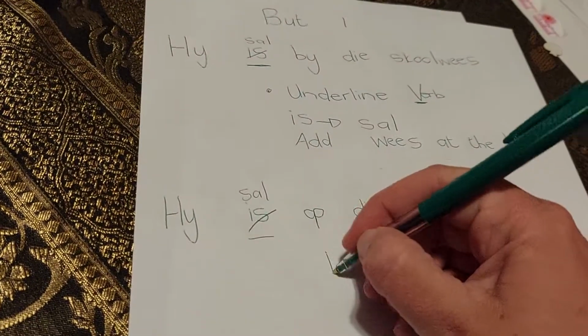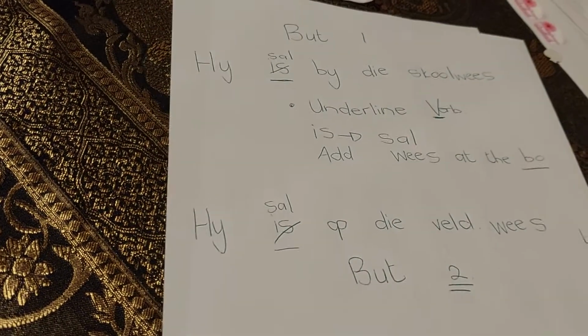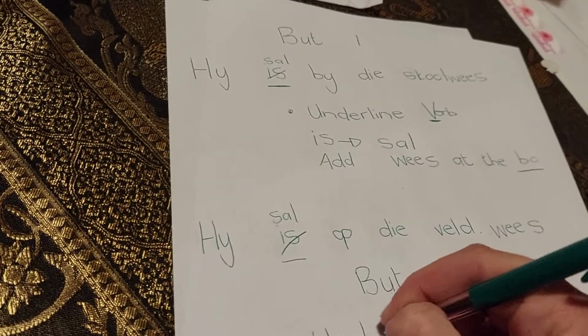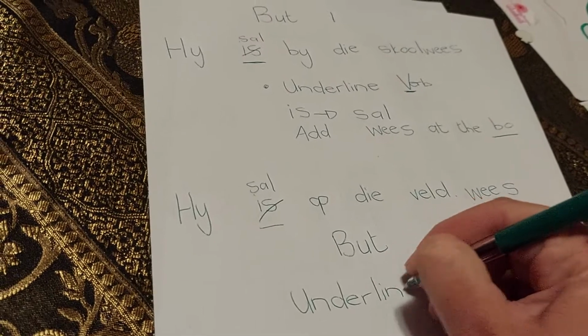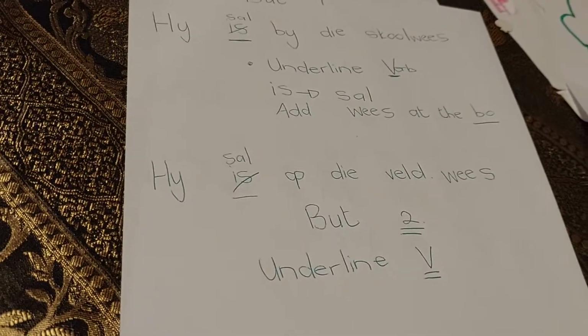Now, we're going to move on to our second but. But 2. You still underline the verb. Okay, here's the but.